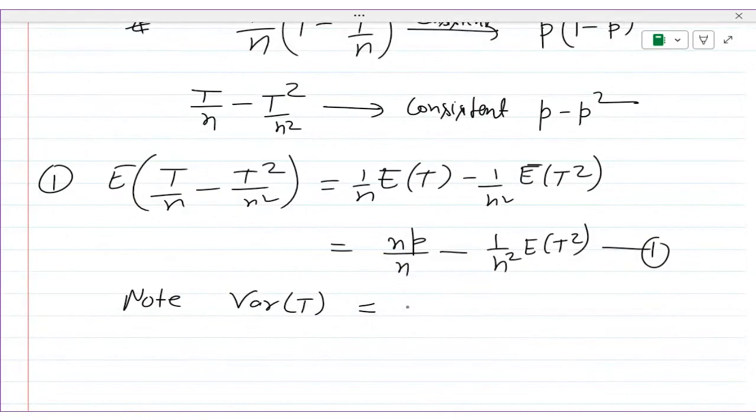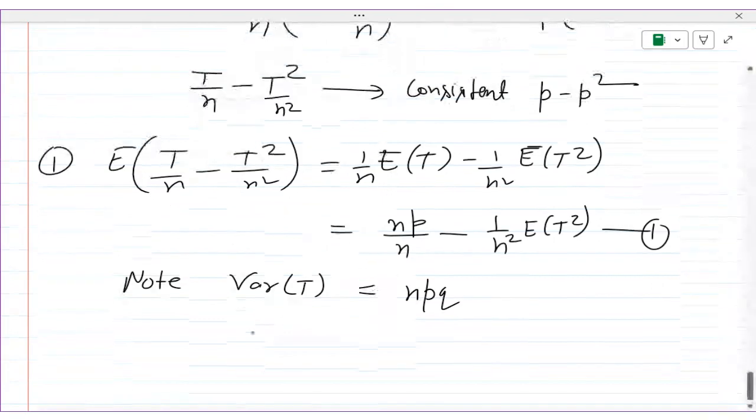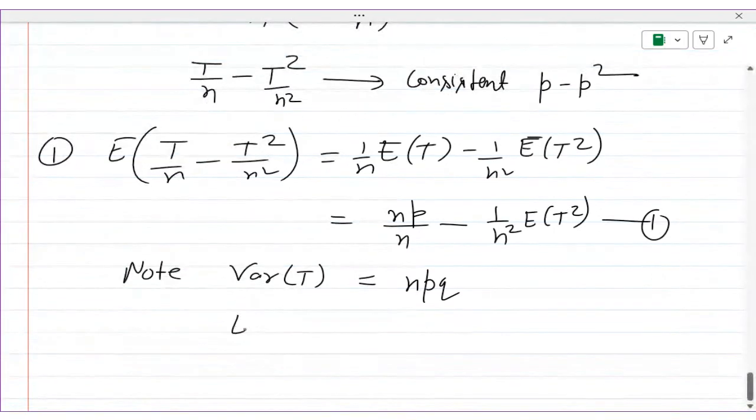That is npq. Mean is np and variance is npq. So mean was np; that is why I have written np in place of E of T. What is the meaning of variance? E of T square minus E of T whole square. This is equal to npq.